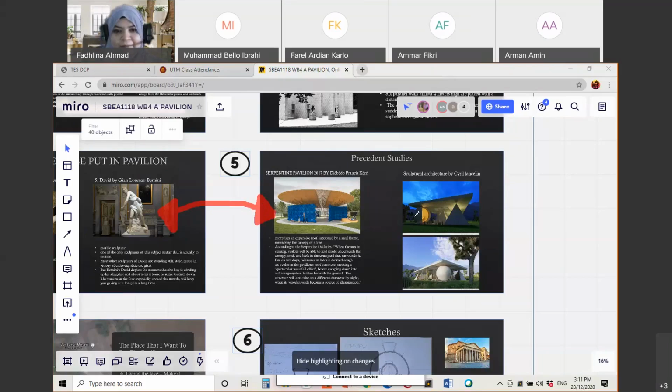For this supportive pavilion, actually I just take the design or the idea, and the material used for the building is not related, I think. Just the idea.